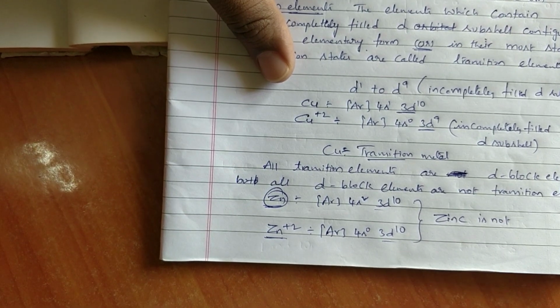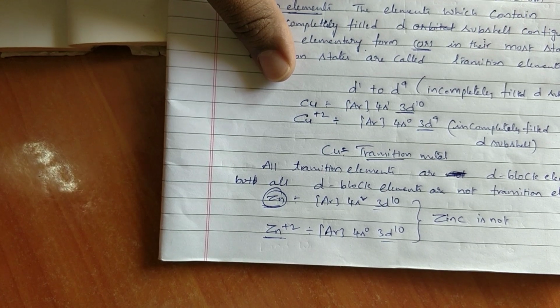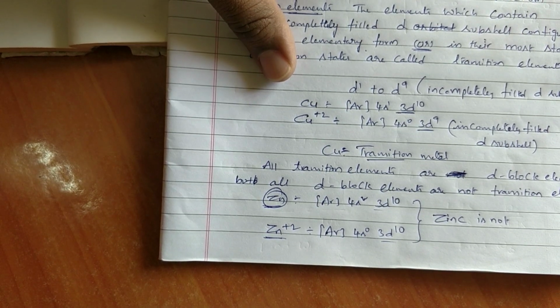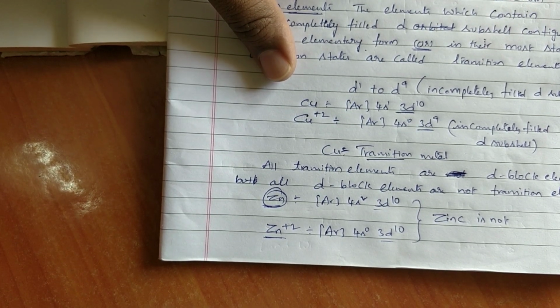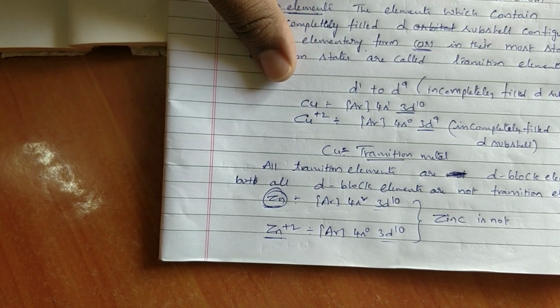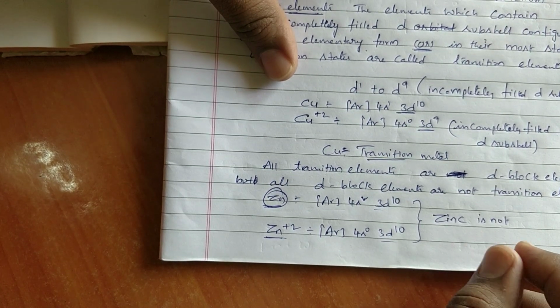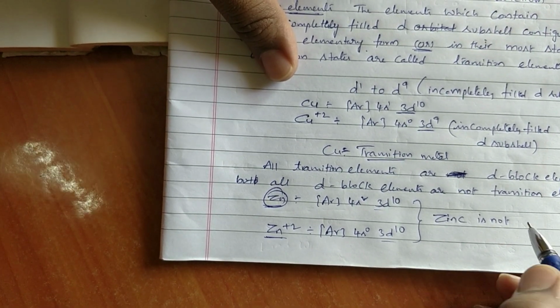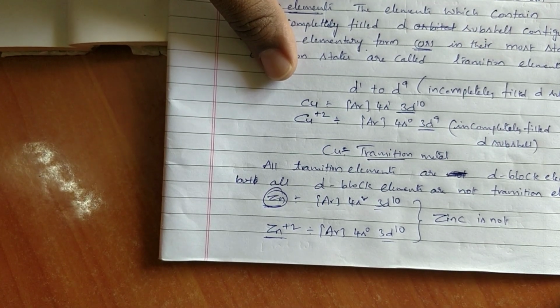If the element has a completely filled D subshell configuration in any of its forms, neutral form or most stable oxidation state, then it does not come under transition elements.